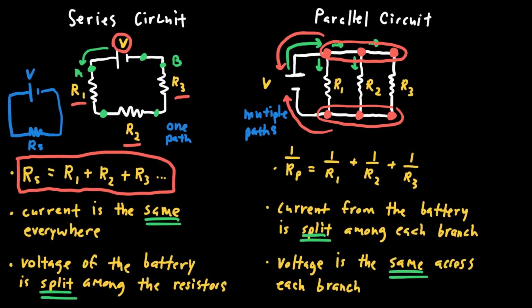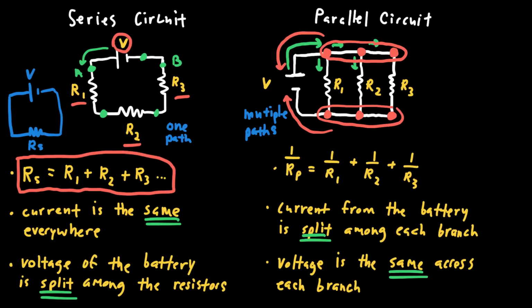And not only will they be brighter, but because of that extra brightness that you can observe, you know that the battery in the parallel circuit is going to die faster than the battery in the series circuit. In the series circuit, the voltage is split. Each one only gets a fraction of that total voltage. The light bulbs will be dimmer, but the battery will last longer.